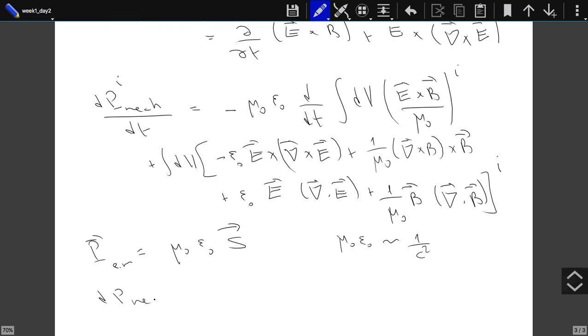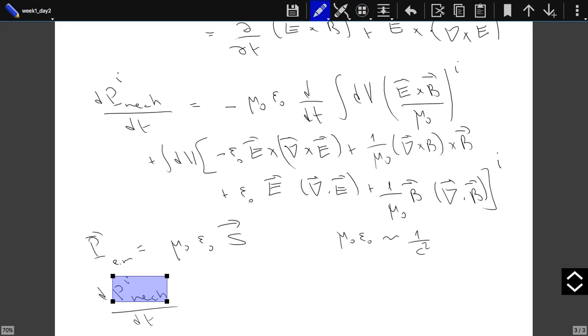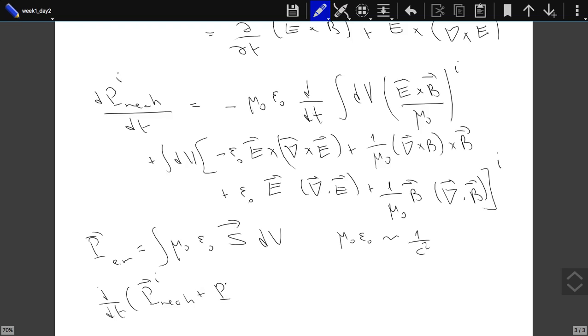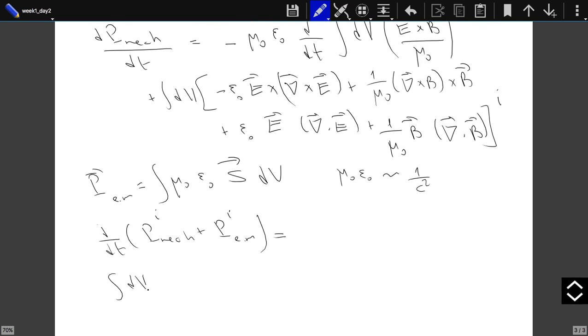So the rate of change of P mechanical, the I component, plus the I component of the electromagnetic momentum is now equal to this volume integral.